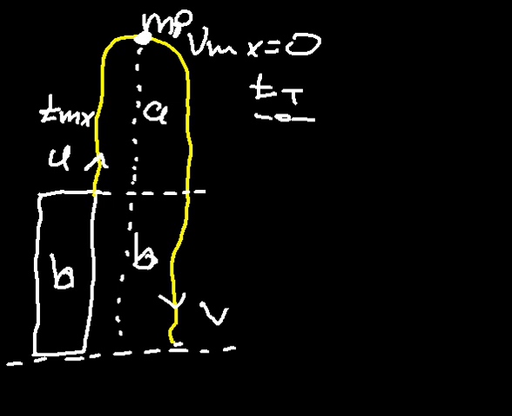So now we use the displacement formula. We have s is equal to ut plus half at squared.